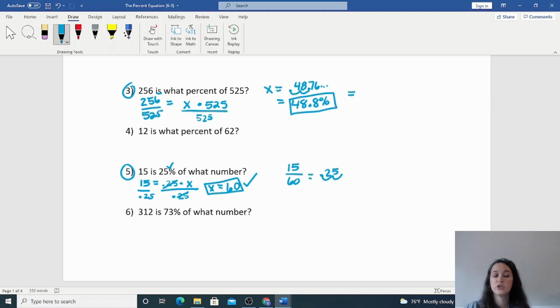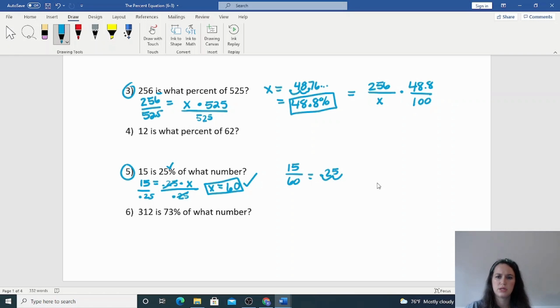Let's see. I wanted to know the percent, so I'm gonna go backwards. So if I have 256, let's try to find the whole of some number, 48.8 over 100. So that's my percent proportion. Again, going to multiply across, 256 times 100, and then divided by 48.8.